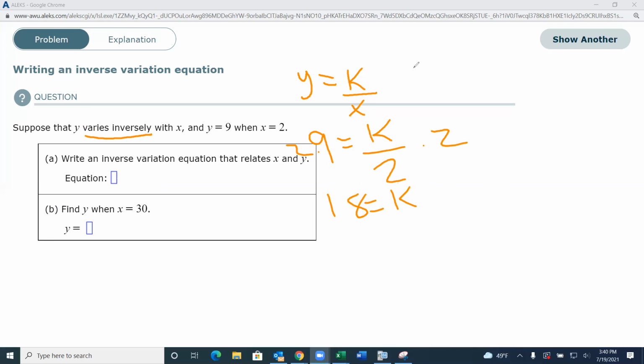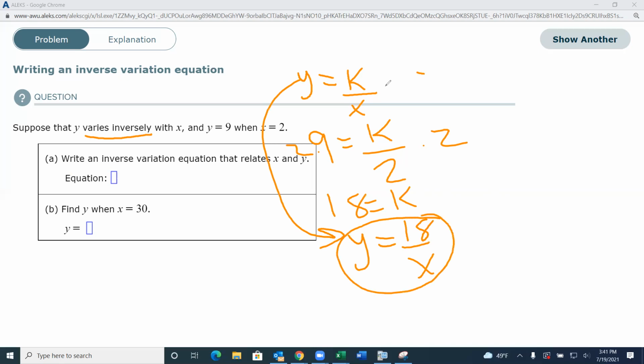I lied. Rats. I didn't read the whole question. I need the actual equation. So the actual equation is going to be y equals our k value of 18 over x. That's the answer. Sorry about that.